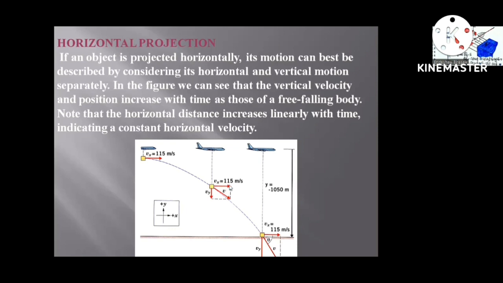This is the positive x-axis, and this one is the negative y-axis. Since this is the negative direction of vertical displacement, y, or the height of this object, would be minus 1050 meters.